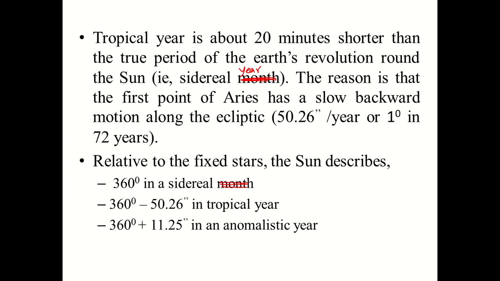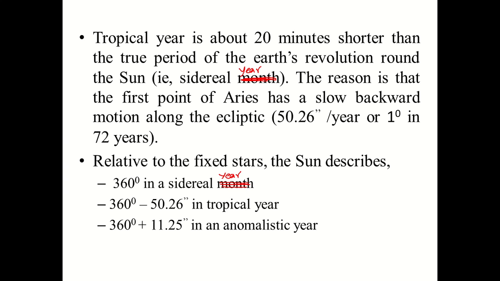During the tropical year, we know that Aries has a backward motion, so the sun describes only 360 degrees minus 50.26 seconds in a tropical year.